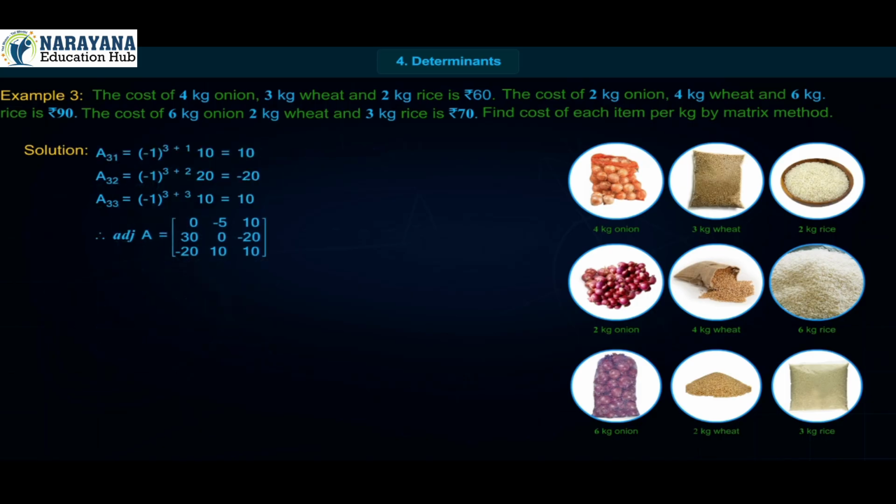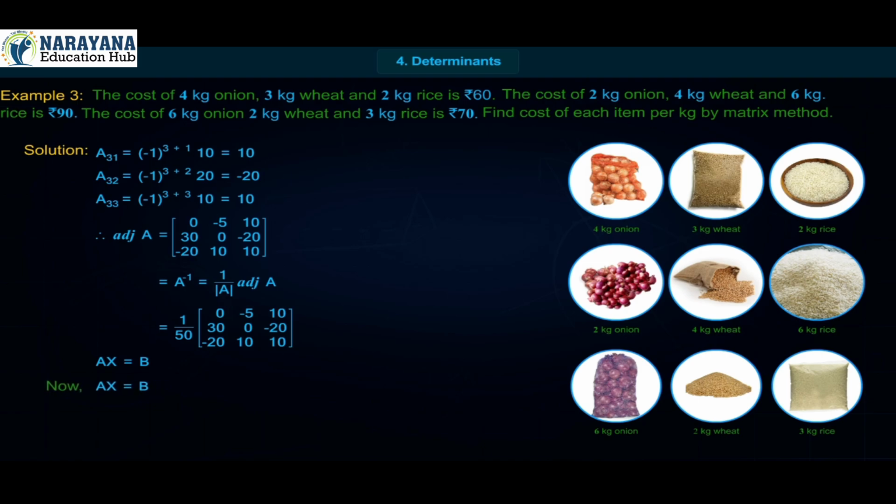Therefore, adjoint A is equal to matrix [0 -5 10; 30 0 -20; -20 10 10]. A inverse is equal to 1 upon determinant of A into adjoint A is equal to 1 upon 50 into matrix [0 -5 10; 30 0 -20; -20 10 10].